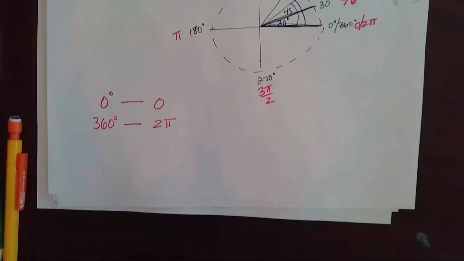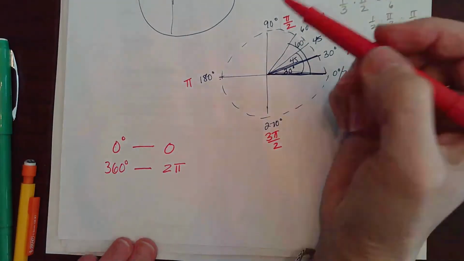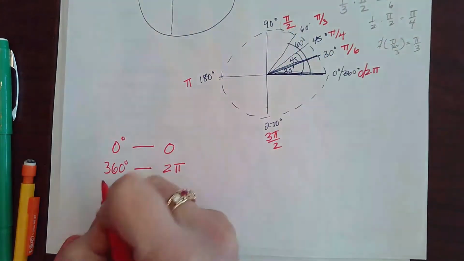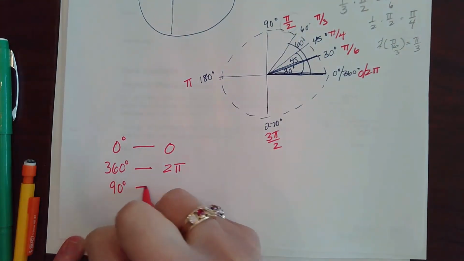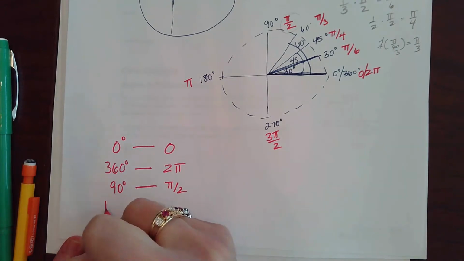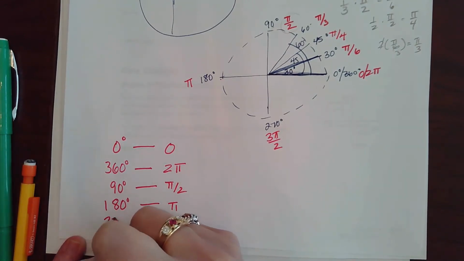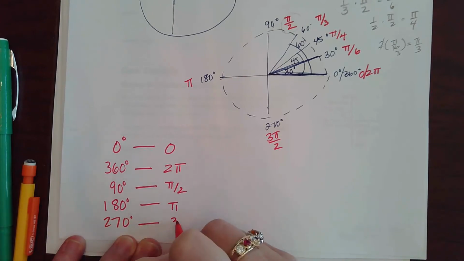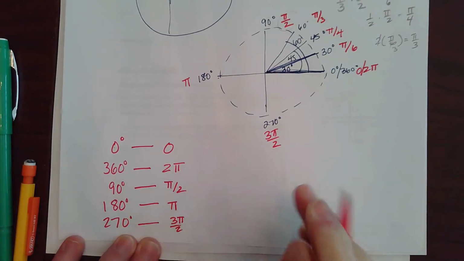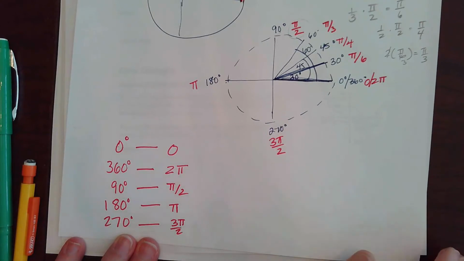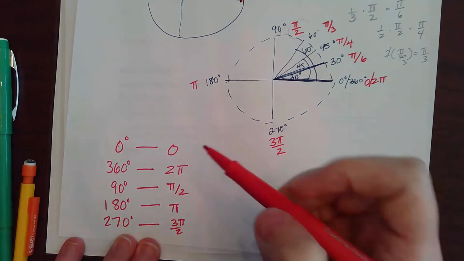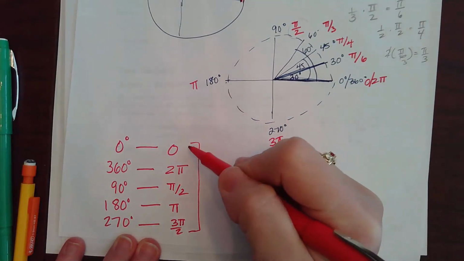And then we can think about all the quadrantals. The quadrantals are these 90, 180, 270, right? So 90 we said was pi over 2, 180 was pi, and then 270 was 3 pi over 2. We call these quadrantals because they're right between the quadrants. So these are kind of our special angles.